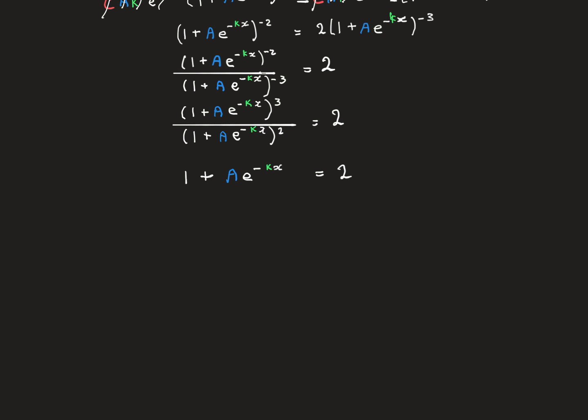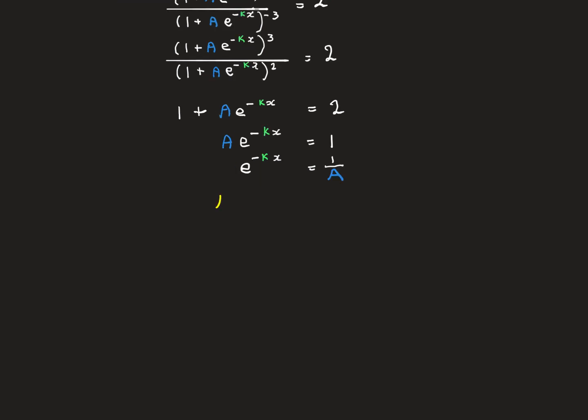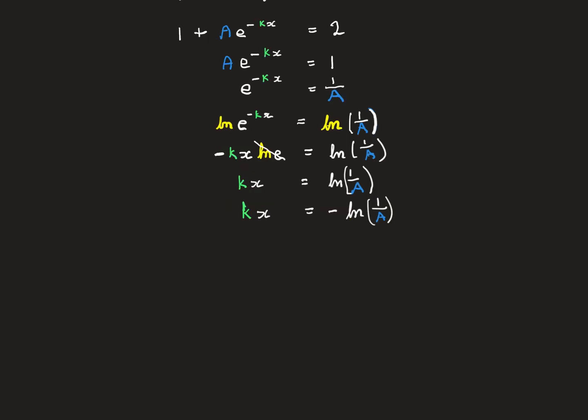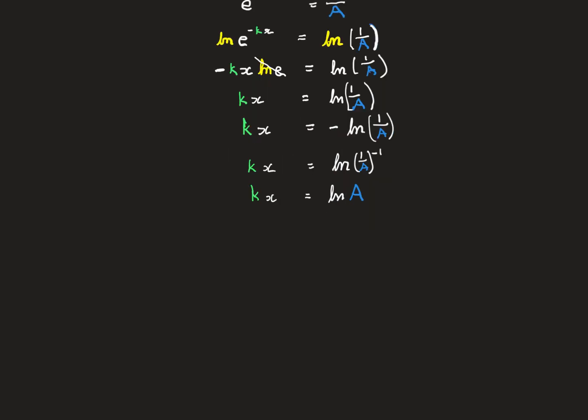And remember, we want to find the value of x, so in that case, a bit of rearranging again. I think I will ln both sides, which will give me, according to the laws, and of course ln e is just 1, which leaves me with minus, and I've moved the minus to the right-hand side, which means I can now do the reciprocal of 1 over A. And lastly, I'll separate the k from the x, and that will be ln A over k.